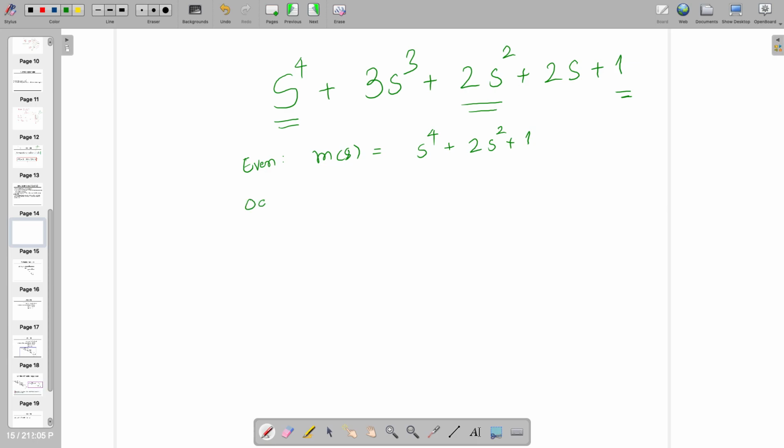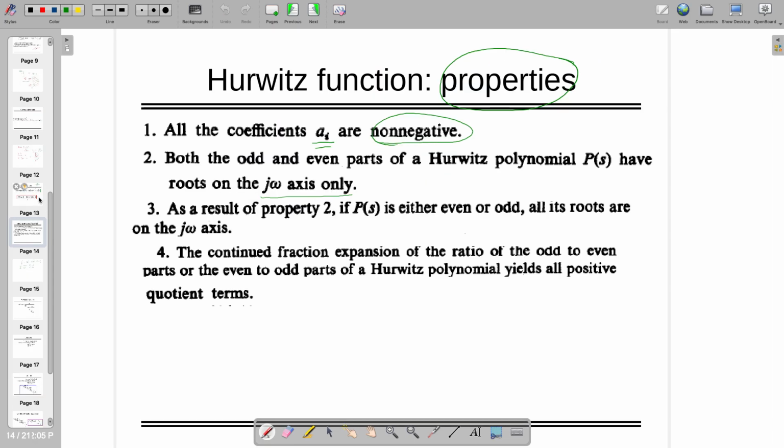Similarly, all the odd entries will be named n of s, equal to 3s cube plus 2s. This is how we write down even and odd parts, and when we solve them, the ultimate solution should be such that they have roots only on the j omega axis.